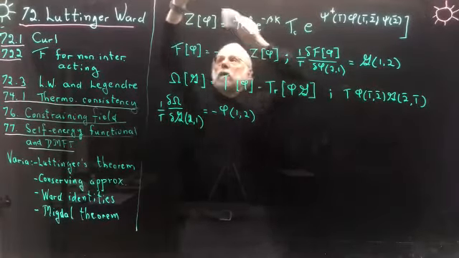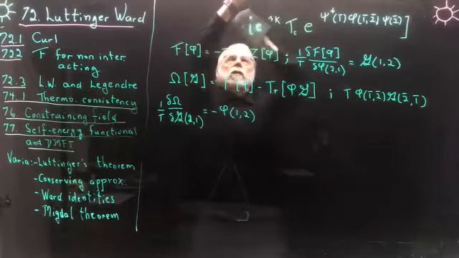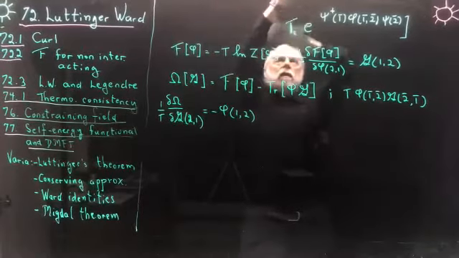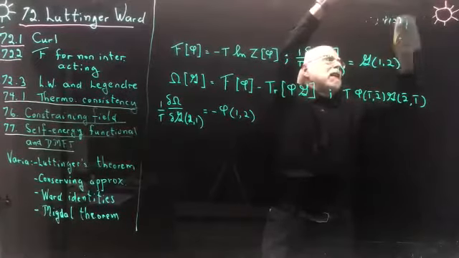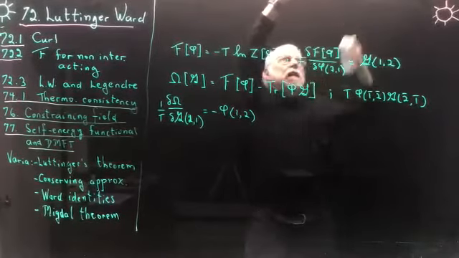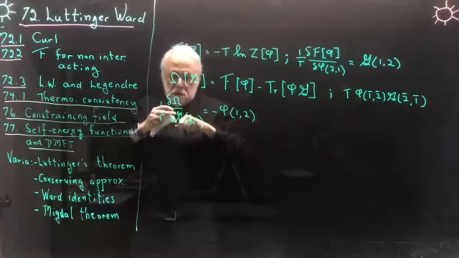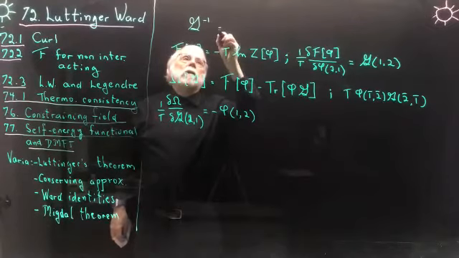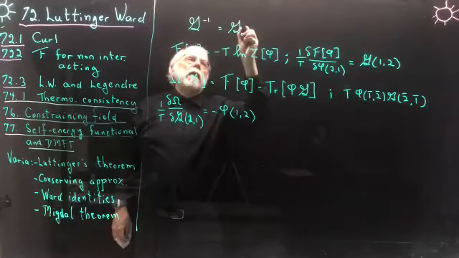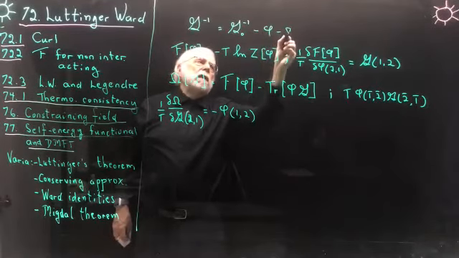If you remember, when we derived the equations of motion, we found that G minus 1 was equal to G0 minus 1 minus phi minus sigma.